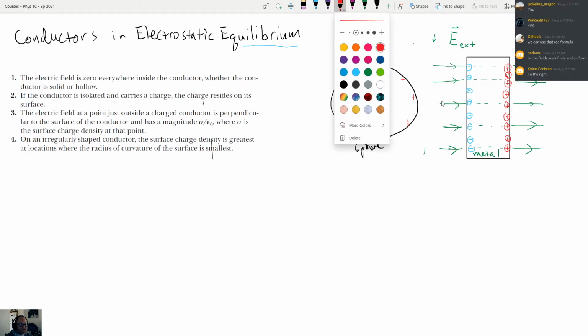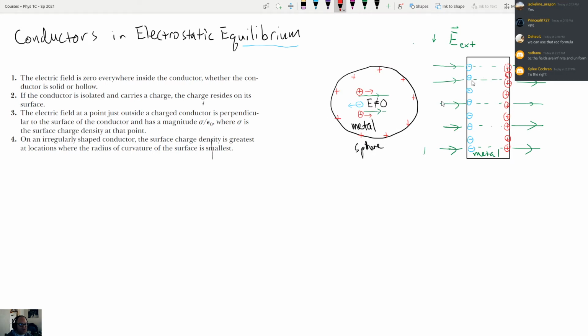When you have a bunch of positive charges piled up over here and a bunch of negative charges piled up over here, it's almost like you have a sheet of positive charge on one side and a sheet of negative charge on the other side, right? So as a result, there's an internal field that gets set up like this. And as you can see, that internal field I'm drawing, because it goes from positive to negative, is opposite to the external field, right?